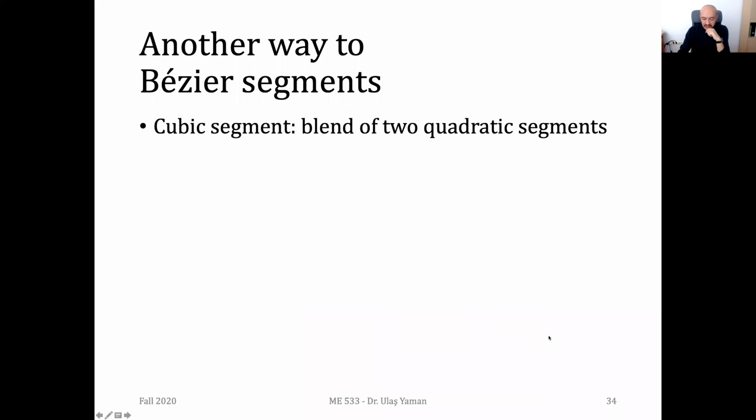And what do you think? Can we do it for cubic segments? So obviously the cubic segments are a blend of 2 quadratic segments. So let me draw 4 control points.